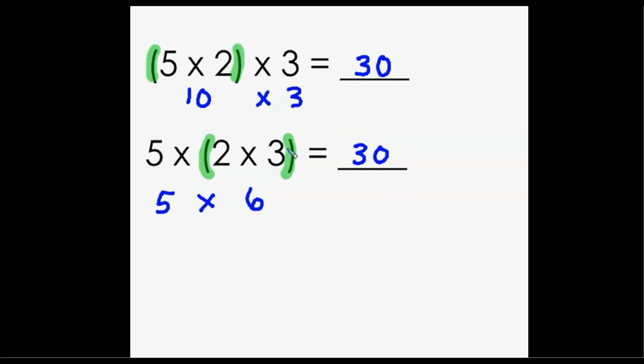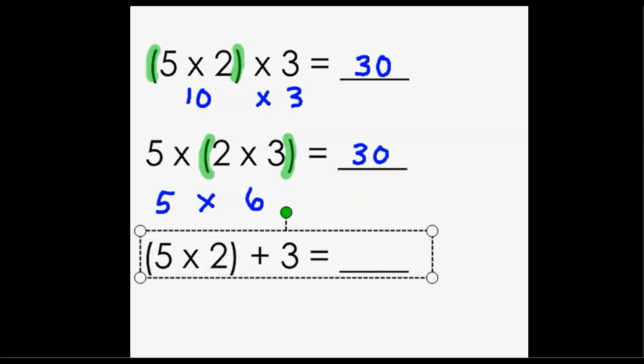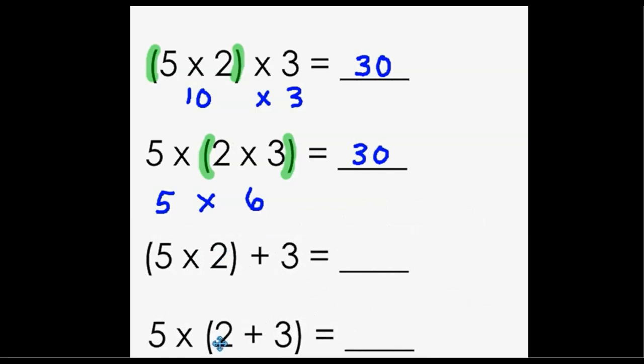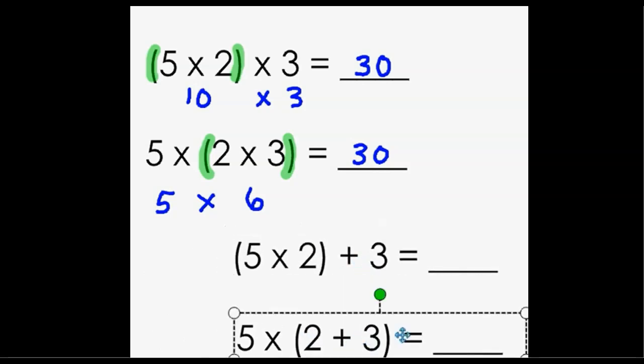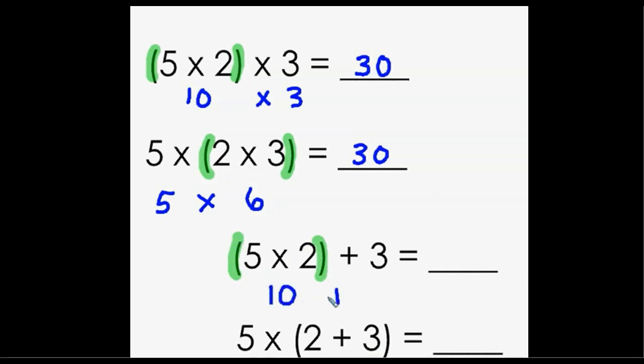It seems like it's not a big deal in these two problems because you get to the same answer. However, when we add other symbols in, like addition, now watch what happens. So in these two problems, again, we start with the parentheses. 5 times 2 is equal to 10, and 10 plus 3 is equal to 13.